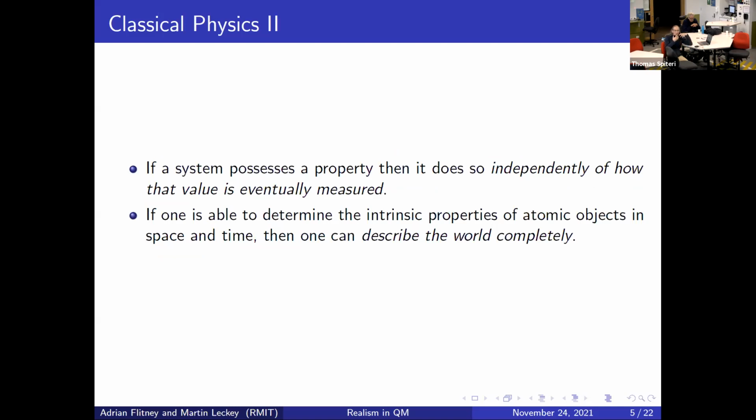And if a system does possess a certain property, then it does so independently of how we choose to measure that property. So if one is able to determine all the properties of all the atomic objects in space and time, then one has a complete description of the world.